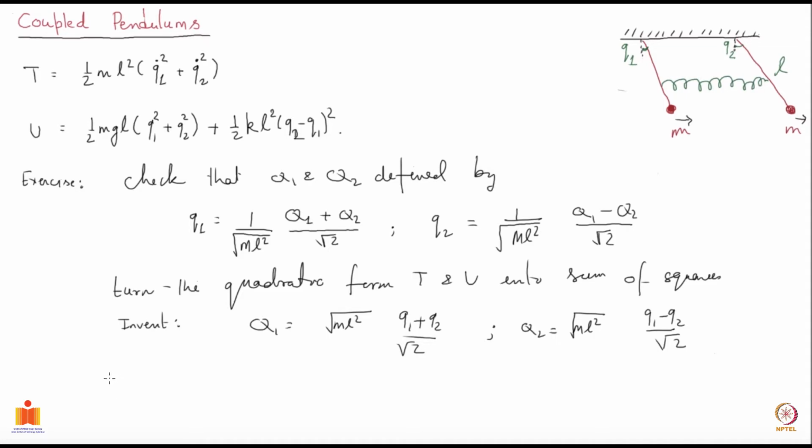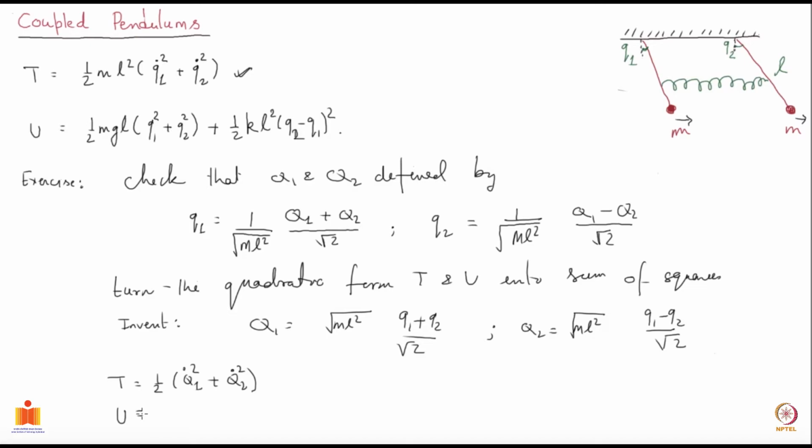So check that you get T equal to half (Q1 dot square plus Q2 dot square). So indeed it is not disturbed. It was anyway a sum of squares here, so we had to ensure that we don't disturb it.